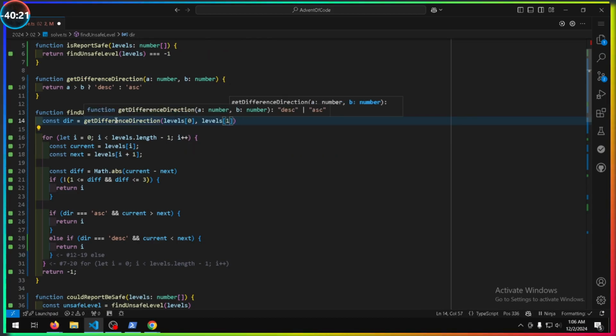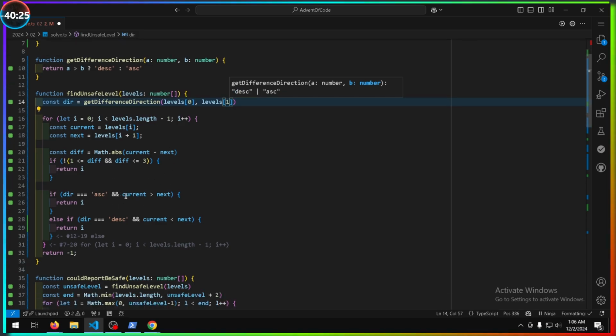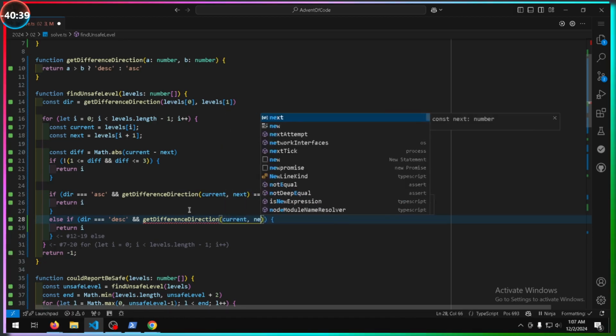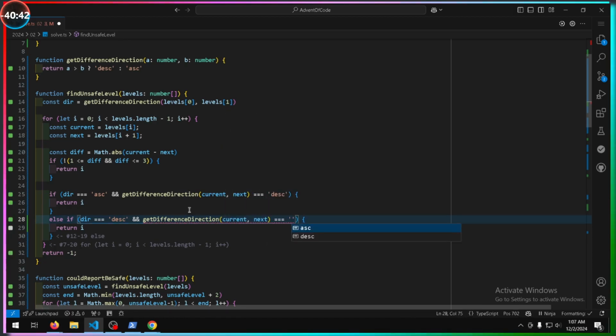We also get free typing because this is now a constant. And now, we can go even further, but I'm not going to go there yet. So if it's ascending and getDifferenceDirection between current and next equals descending, then yeah, it's bad. Or if it's descending and getDifferenceDirection between current and next equals ascending, then it's bad.